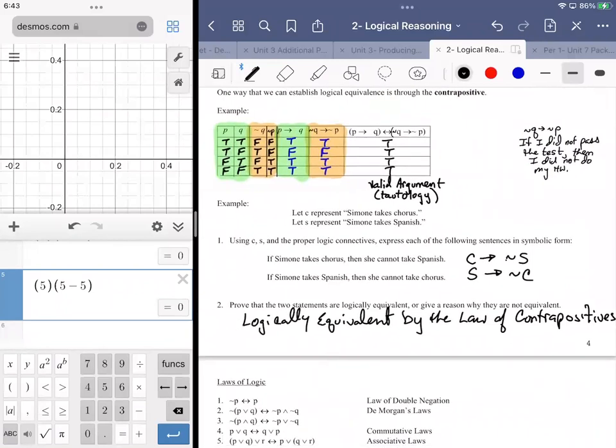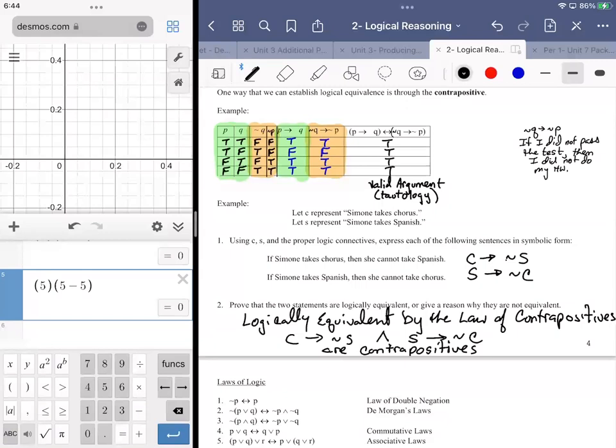Right, and that's because if I take C implies not S, switch it and negate it, I would get S implies not C. C implies not S and S implies not C are contrapositives.